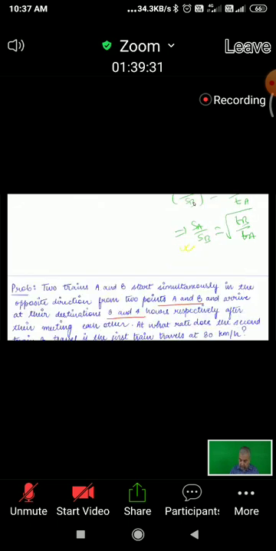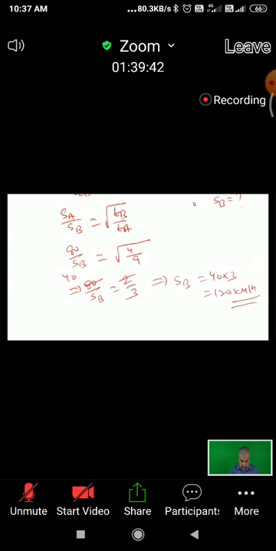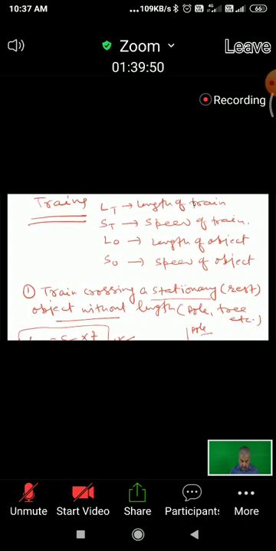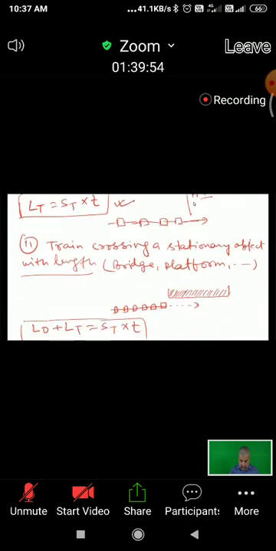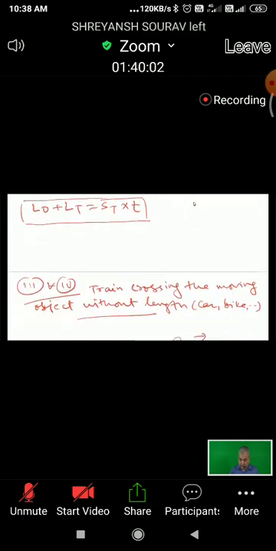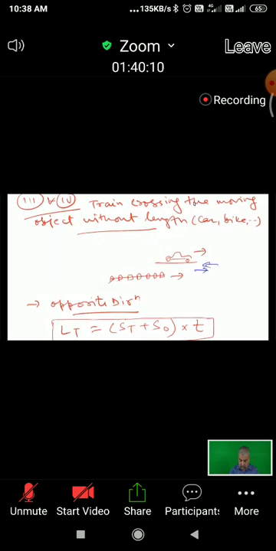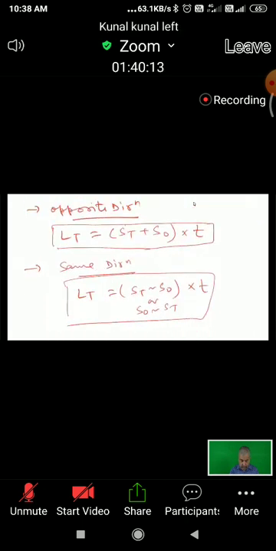Okay, Ayaz Khan, wait. Ayaz Khan, you can see the first slide of average speed.